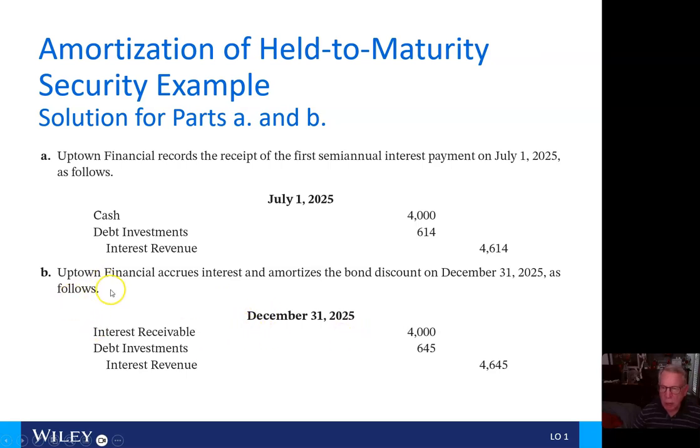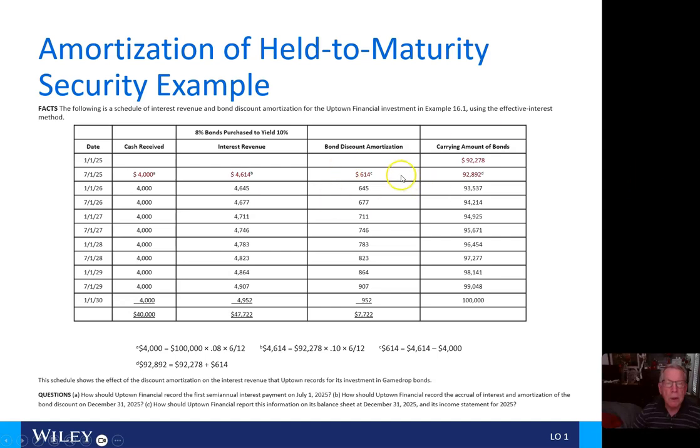And similarly, under Bravo, what we would do at the end of the year, we would just pick these numbers off of the bond amortization schedule. And I think you can see them here and here. And you can see the carrying amount of the bond is going to come up to $100,000 over the life of that bond.